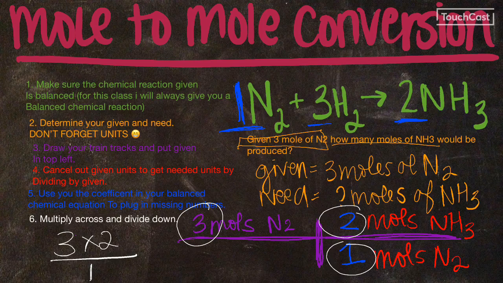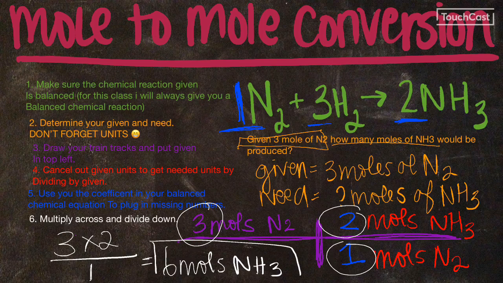So 3 times 2 divided by 1 gives me 6. So I have 6 moles NH3 as my answer.